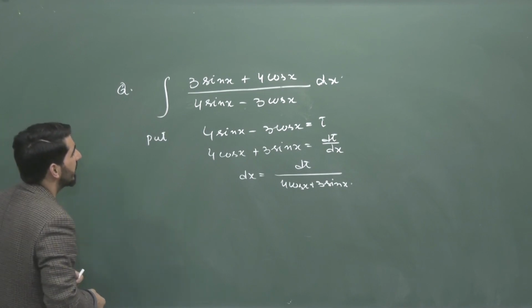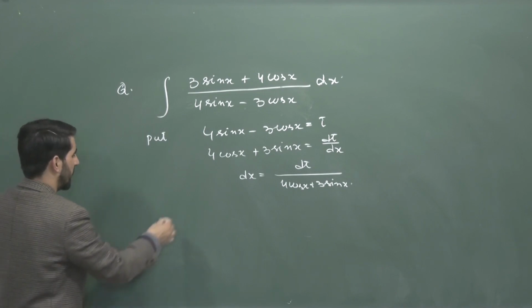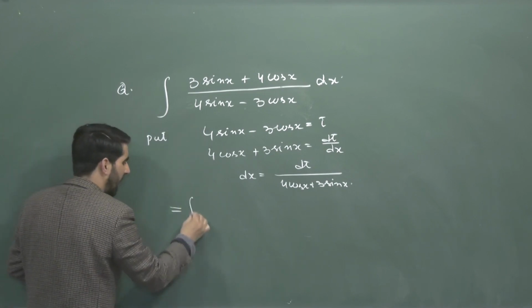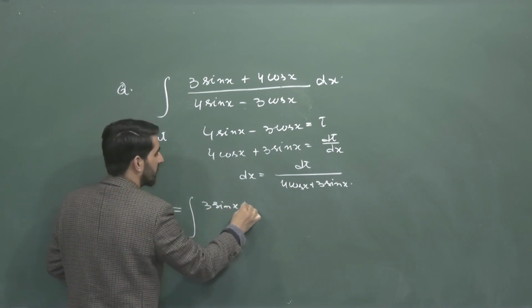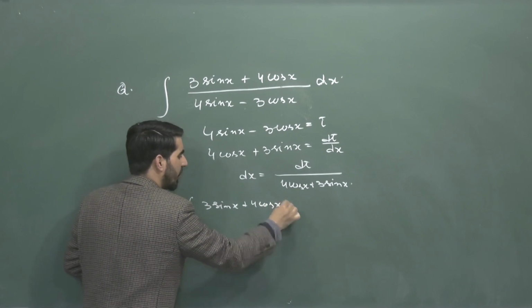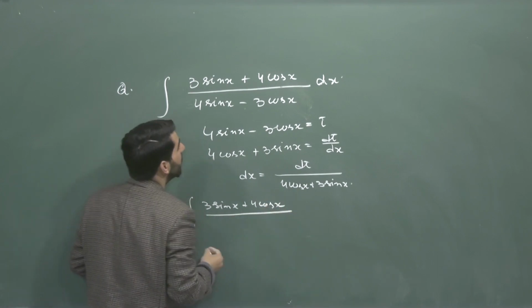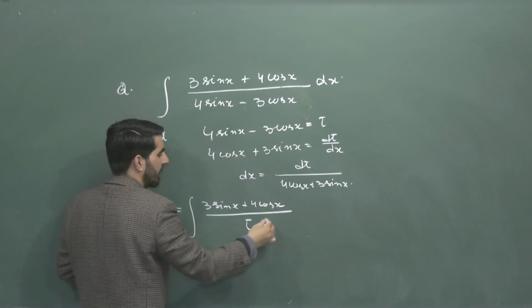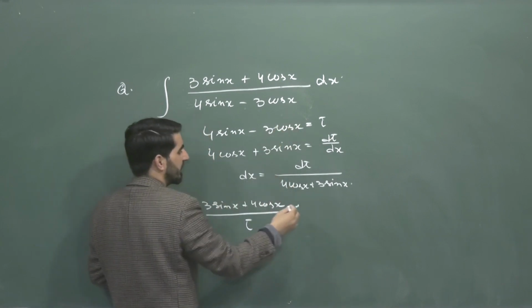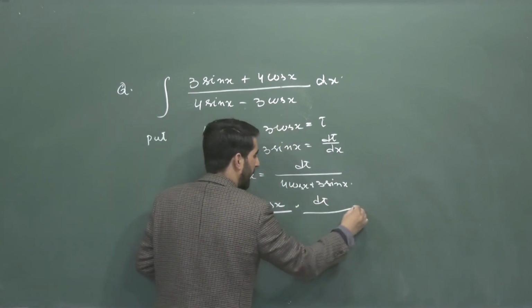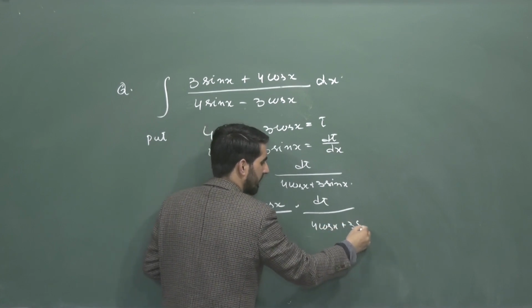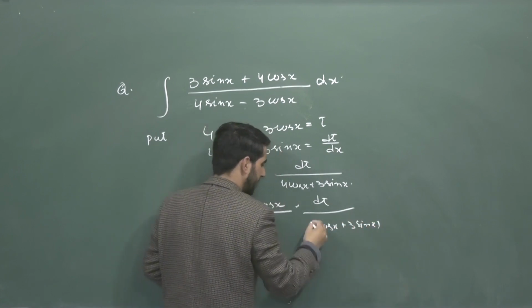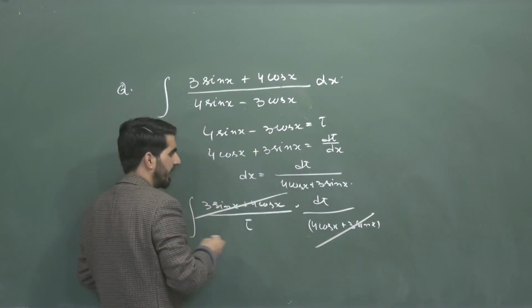Substituting these values in the given function, what will we get? Integration of (3 sin x + 4 cos x) divided by t, and the value of dx is dt divided by (4 cos x + 3 sin x). This will be cancelled here.